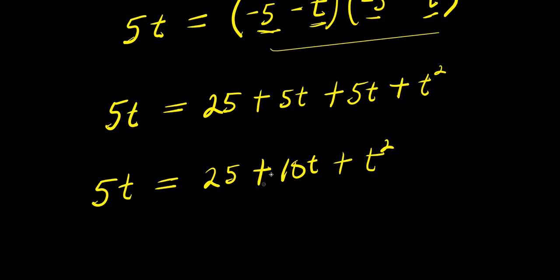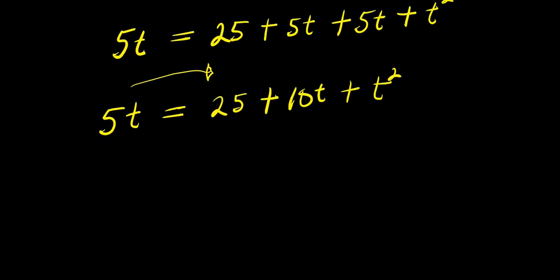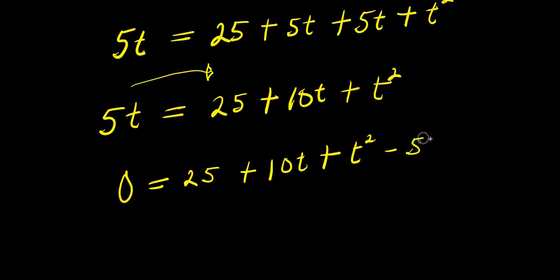So the next step will be to simply move 5t over here. That means we will simply have 0 here equals 25 plus 10t plus t squared minus 5t.